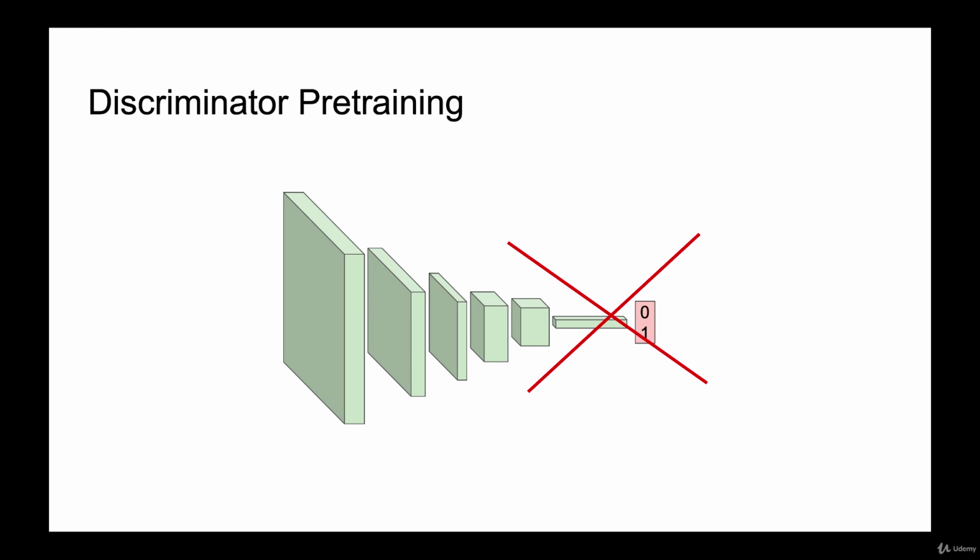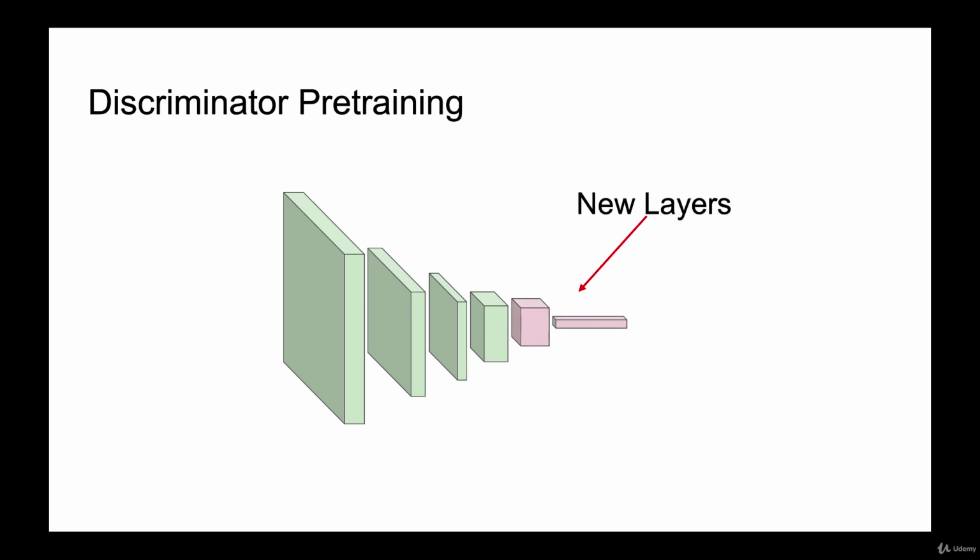We take the discriminator and we remove the last 1 or 2 layers. We just remove them and we can add new layers at the end of the discriminator and train these 2 layers on the labeled data that you have. For example, if you have very few labeled data and a lot of unlabeled data, this should work.